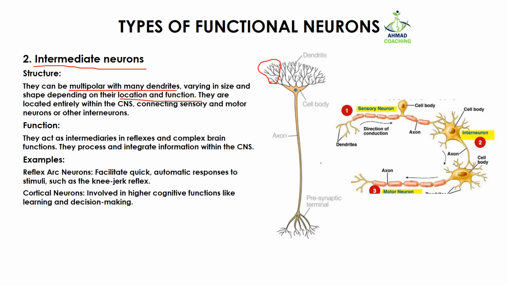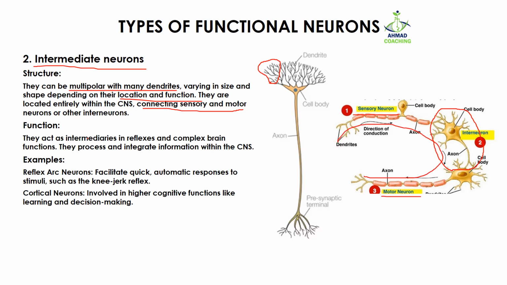They are present in the central nervous system, like in the brain and spinal cord, and their main function is to connect sensory and motor neurons. Here you can see this part. This is our interneuron, and this interneuron is connecting the sensory neurons with the motor neuron in the form of an arc.